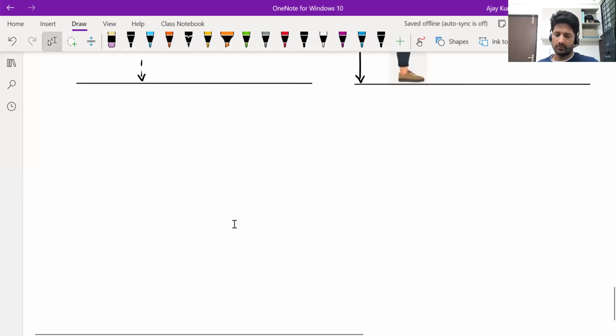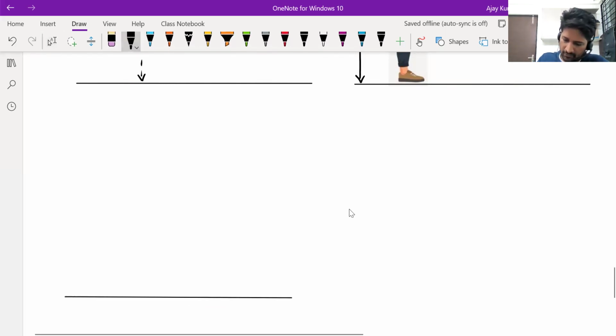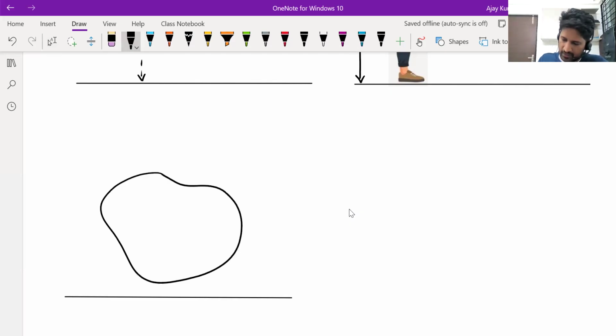Let's say this is the reference level. Assume there is a system of particles. It could be a continuous mass distribution. It could be a distribution of discrete particles also. Discrete means separate. So you can treat it as a collection of particles. That's why the name of the chapter, system of particles.